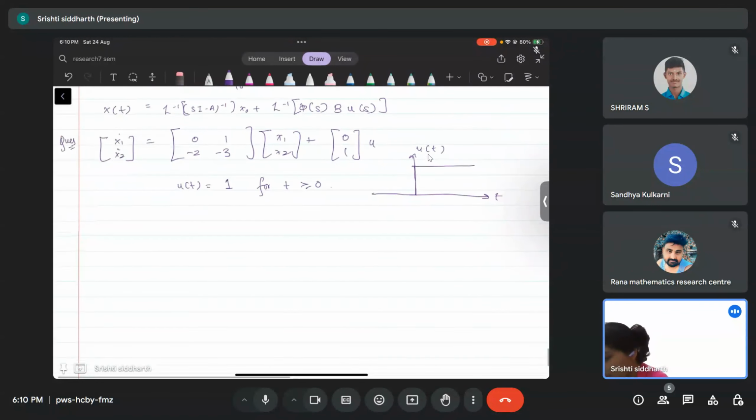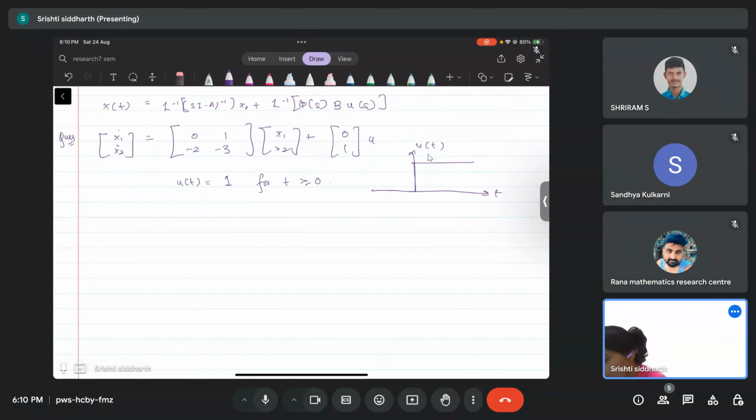Alright, so we already know the A matrix and the B matrix. So let's first find out the state transition matrix then.